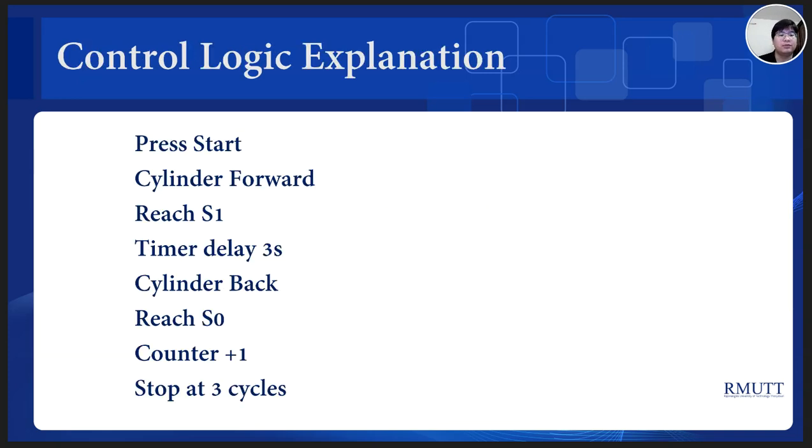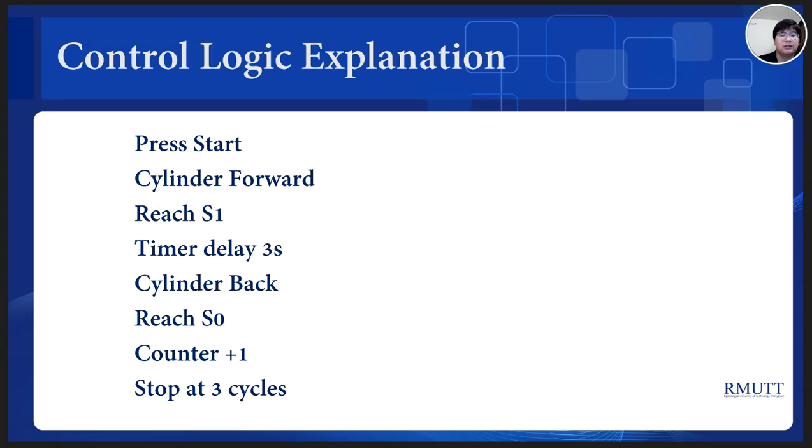Now I will explain the control logic. When the start button is pressed, the cylinder moves forward. When it reaches limit switch S1, the timer starts a 3-second delay. After 3 seconds, the cylinder moves backward.